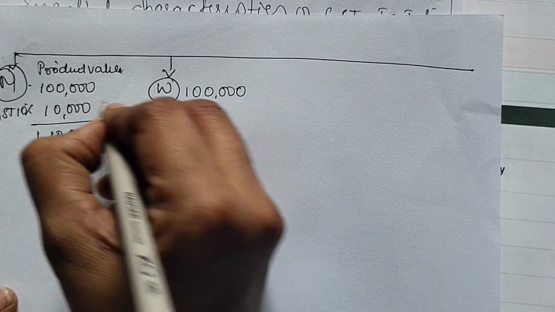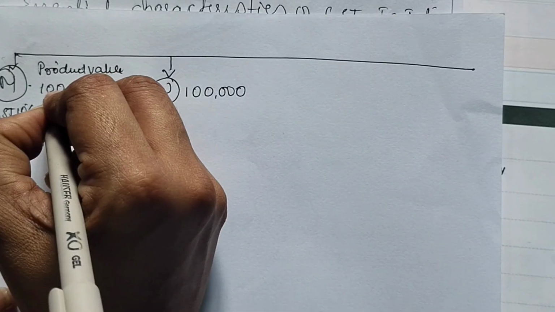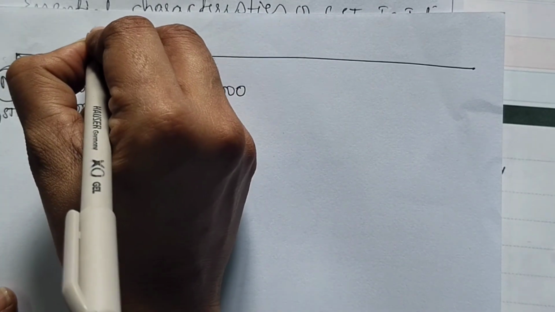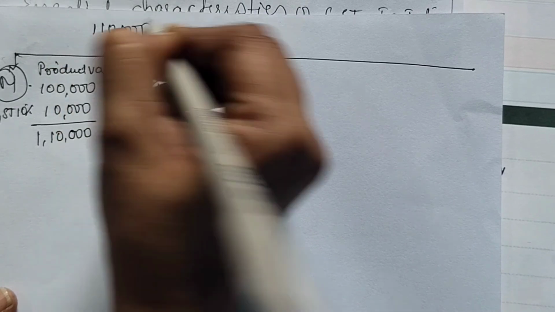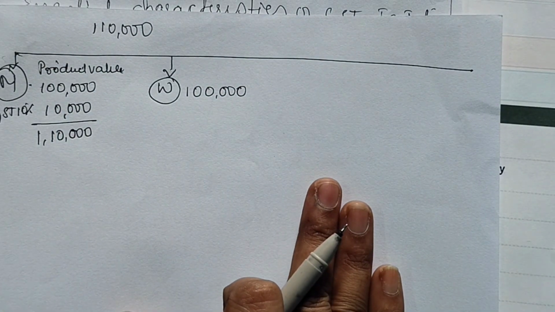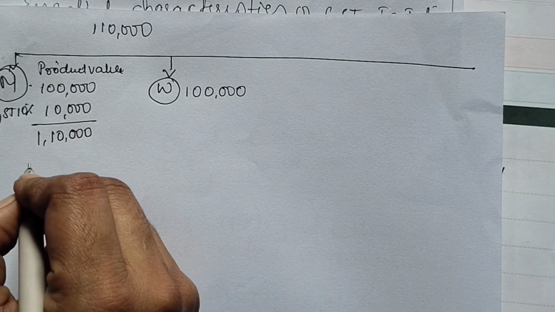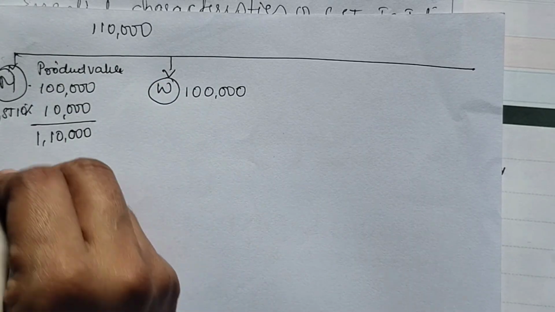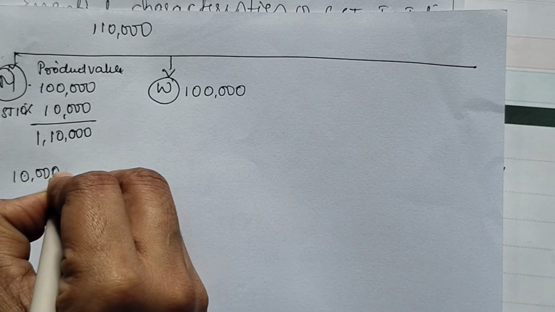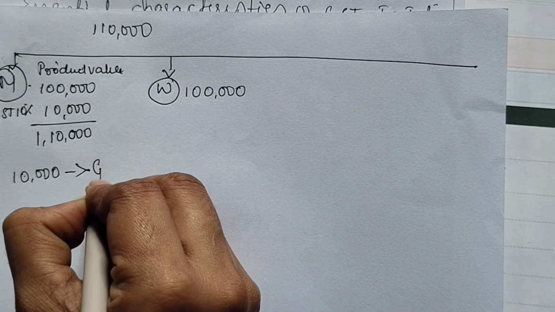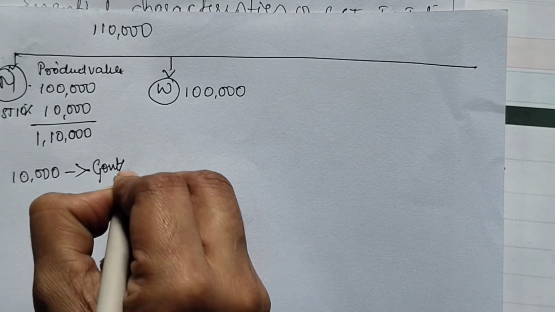Now, how much is the wholesaler paying to the manufacturer? 1 lakh 10,000 he paid. Of that, 1 lakh he kept and 10,000 he paid to the government.